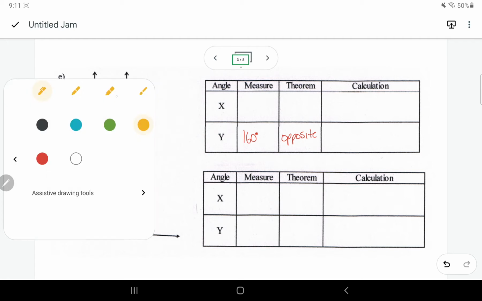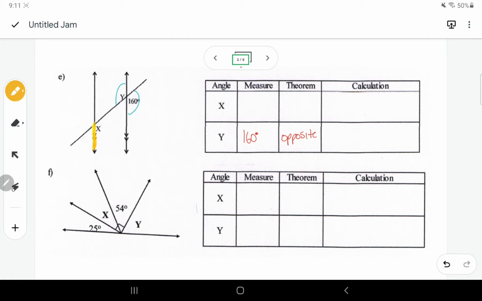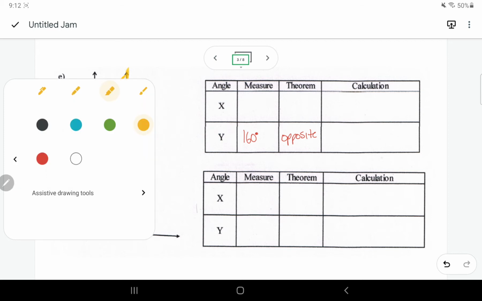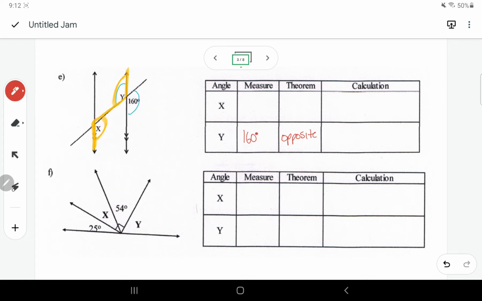So the alternating angles there. So I'm going to highlight that Z pattern where the X and Y would be the same. And they are alternating. So X is also equal to 160, and this would be the alternating, or the Z pattern.